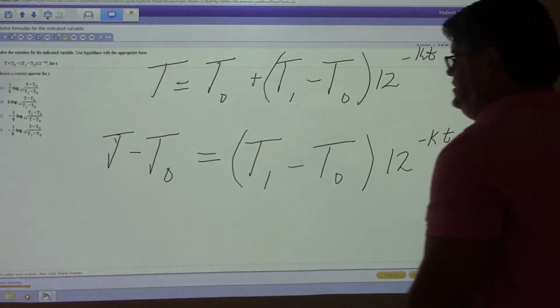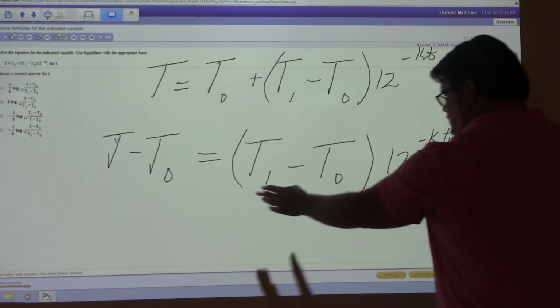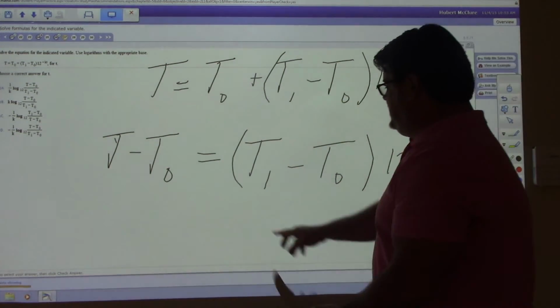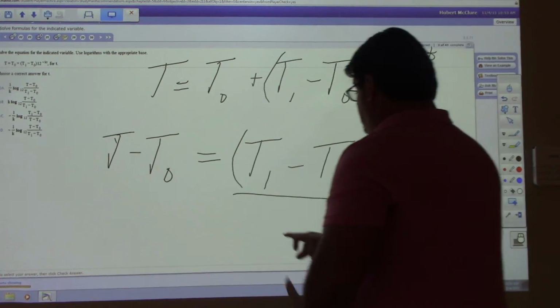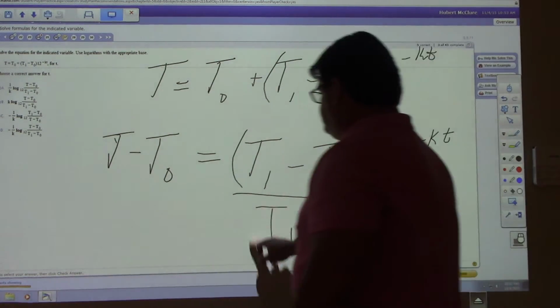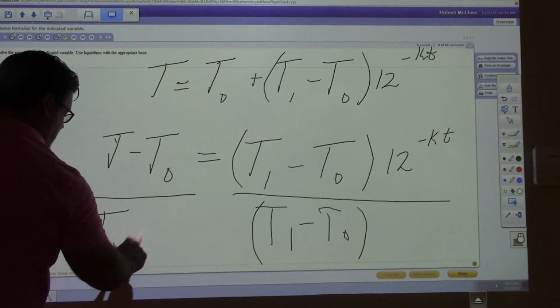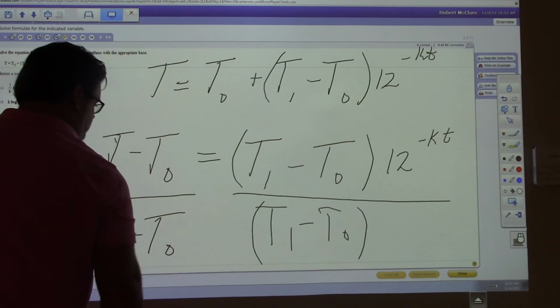Now technically, is there anything in this that we need to solve for? No, so you can get rid of that too. So divide by T sub 1 minus T sub 0. Divide by T sub 1 minus T sub 0.